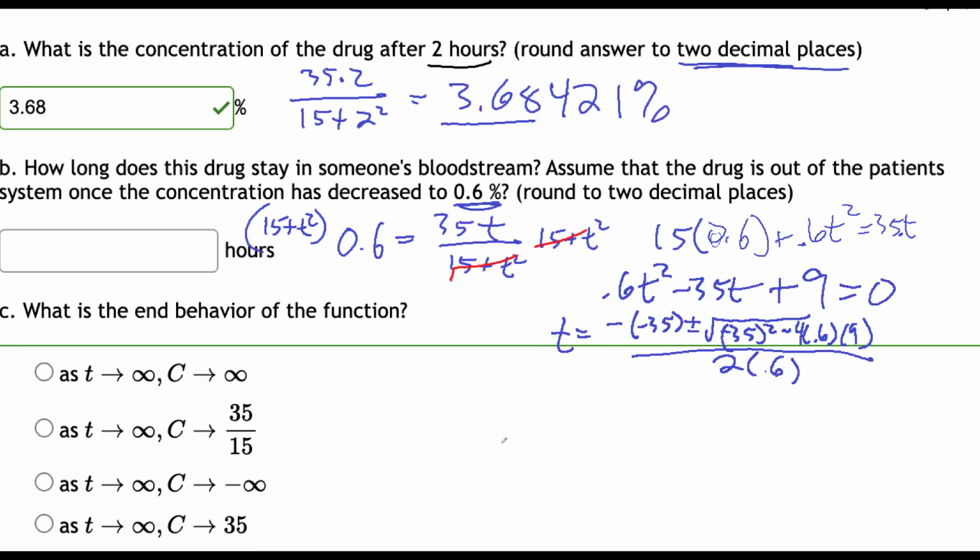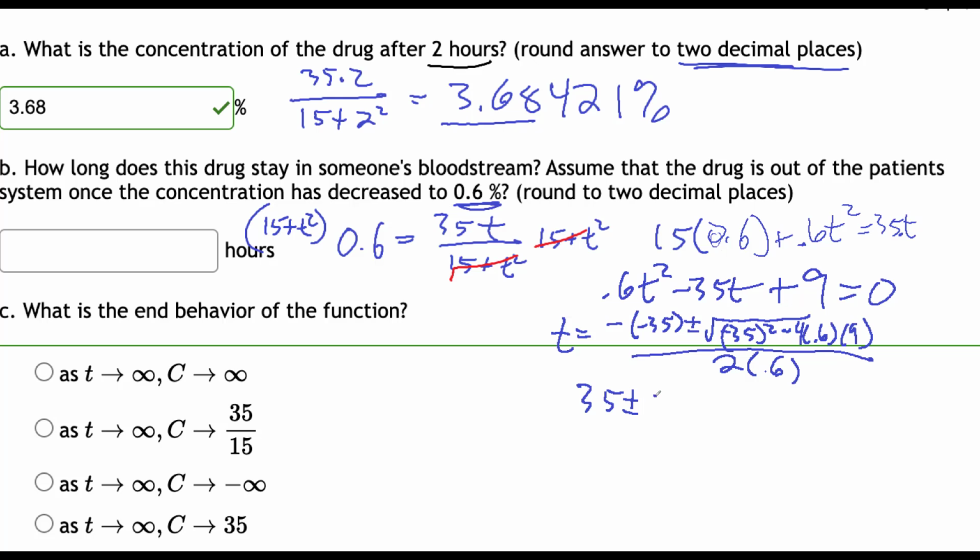If I do that, we get 35 plus or minus, so now we're looking at the square root. Negative 35 squared is the same thing as 35 squared, minus 4 times 0.06 times 0.9.